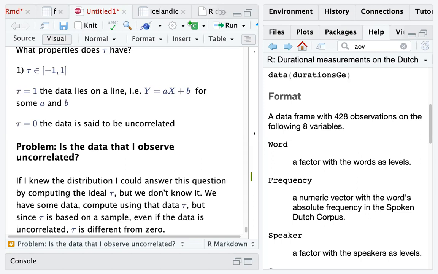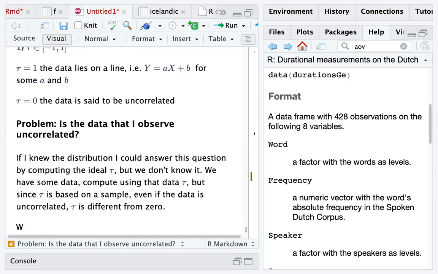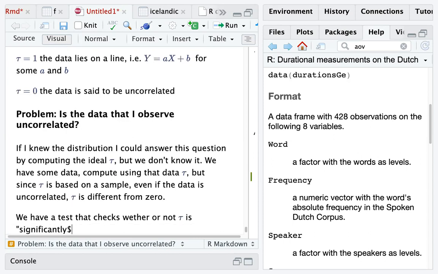Since it is a random number, it is almost impossible to have it precisely equal to zero. We have a test that checks whether or not tau is significantly different from zero.